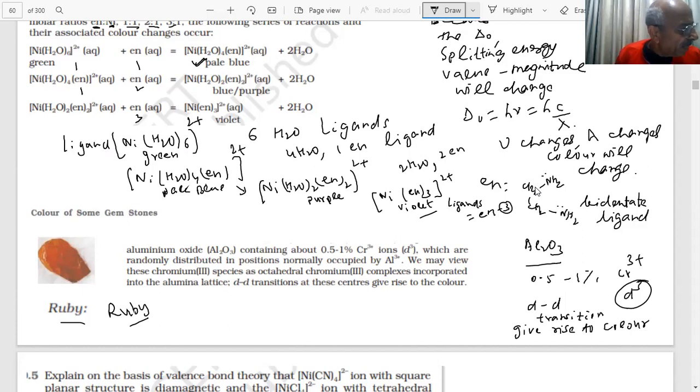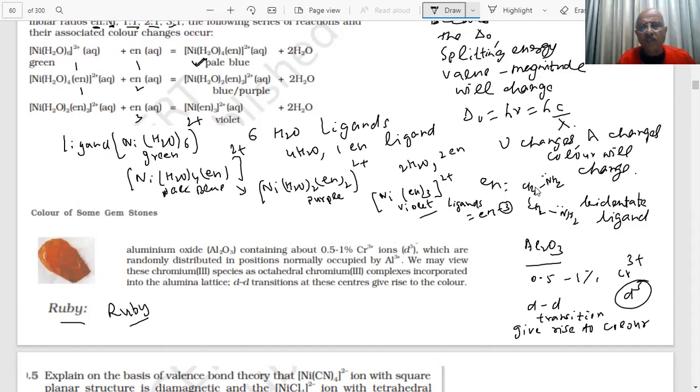Also, emerald has octahedral sites, in a mineral called beryl. They absorb yellow, red, or blue color and transmit light in the green region.